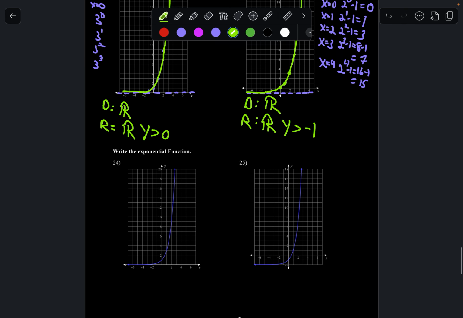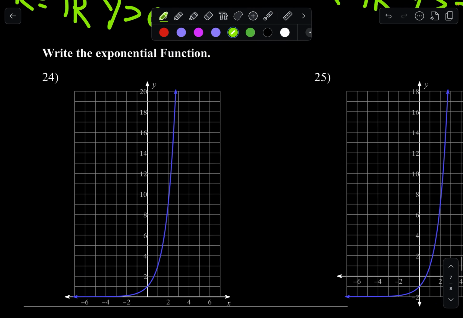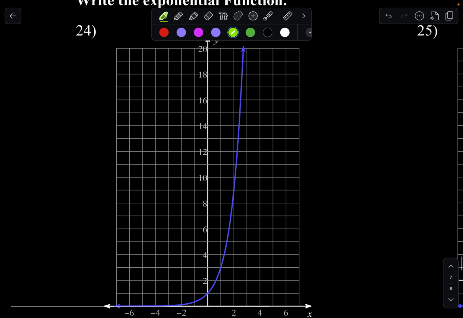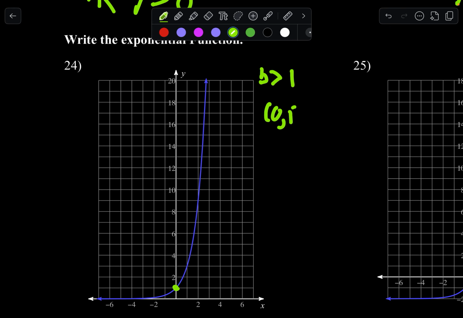Now write the exponential function. Okay? Notice on 24, the first thing you should notice, it's growth. That means the graph is blowing up to the right. That means b is greater than 1. Not only that, you know that the y-intercept is 0, 1.